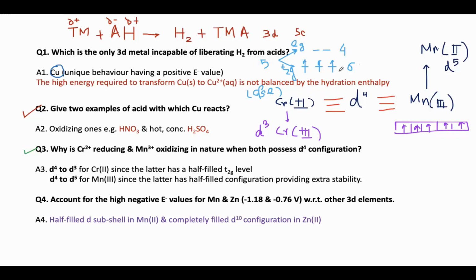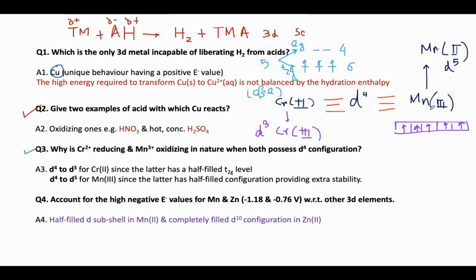That's why t2g3 is the stable half-filled electronic configuration. That's why chromium 2 is ready to go to this t2g3 configuration. That's why it is a very strong reducing agent, because from the eg orbital it releases one electron and takes up this t2g3 configuration.